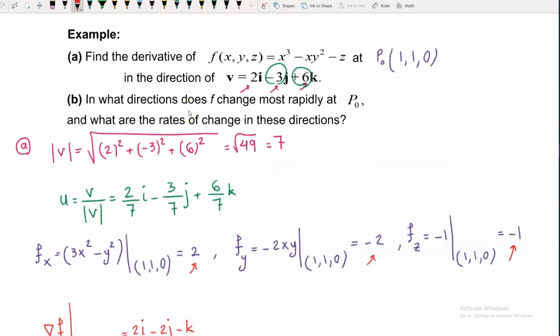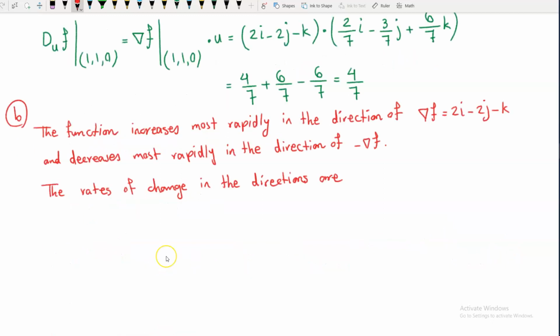Now here part B, in what directions does f change most rapidly at p0, and what are the rates of change in these directions? The function increases most rapidly in the direction of gradient of f equal to 2i minus 2j minus k, and decreases most rapidly in the direction of negative gradient of f.